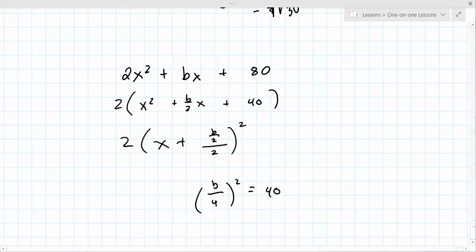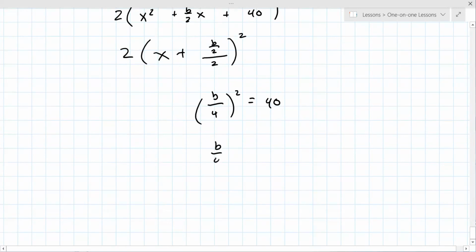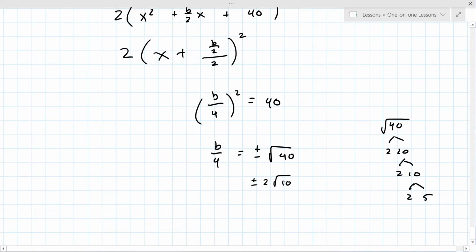And then you do the square root of that, so b over 4 equals square root 40. So it's 8 root 10.